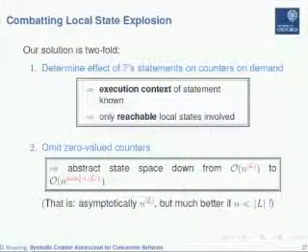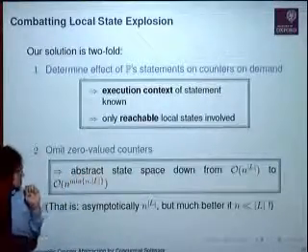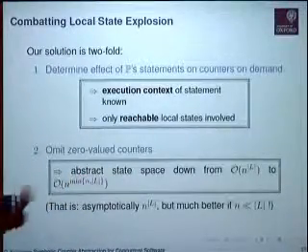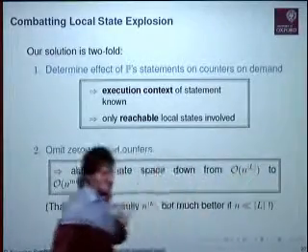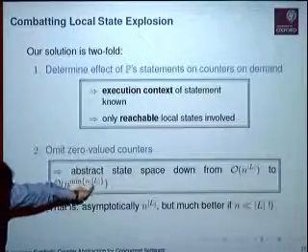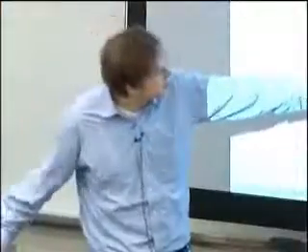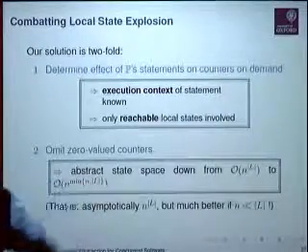So one obvious optimization you can make is that you omit all of these 0 value counters from your state representation. And this gets the complexity of these procedures down from n to the power of l, where l is the size of the local state space, to the minimum of n and l. And the thing here is that the number of threads n is typically much smaller than the size of the local state space.